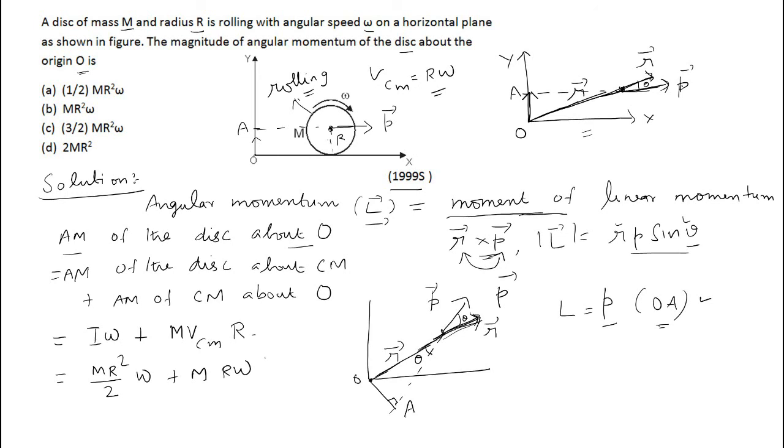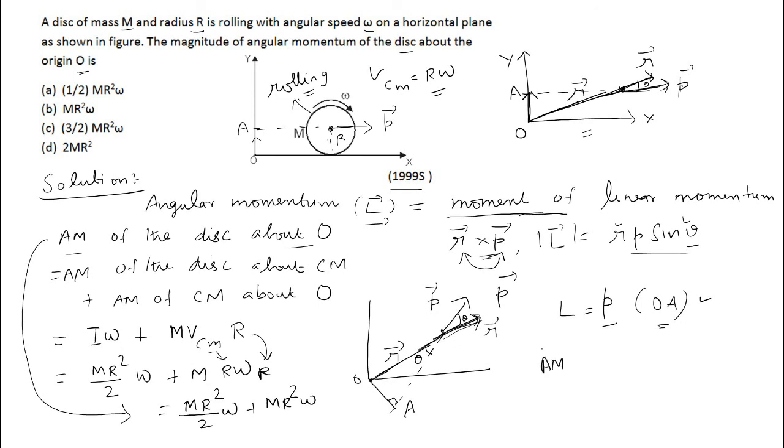This R I have to write. So R times mr squared by 2 omega plus mr squared omega. For this VCM only I wrote R omega. So this is the angular momentum of the disk about O. So what is the final answer?